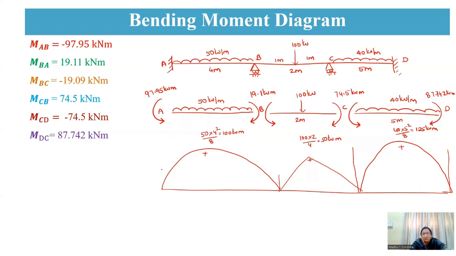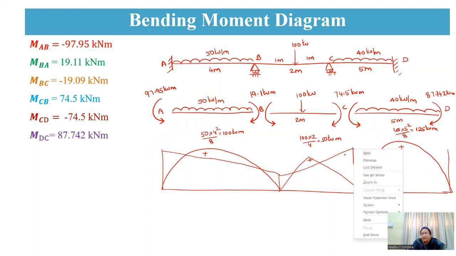For this it is around 90. Join like this. Again it will be like this. Again it is something like 70. It is something like 74.